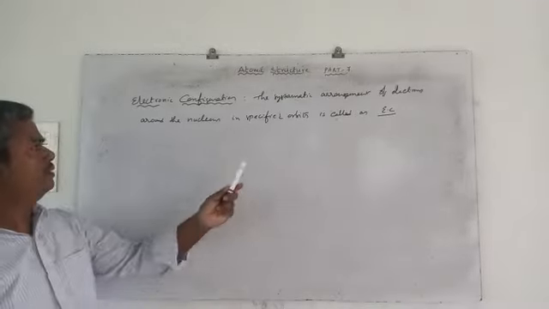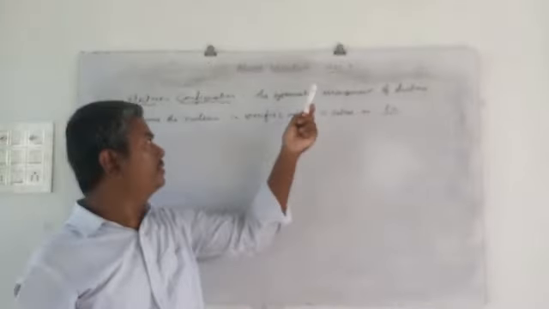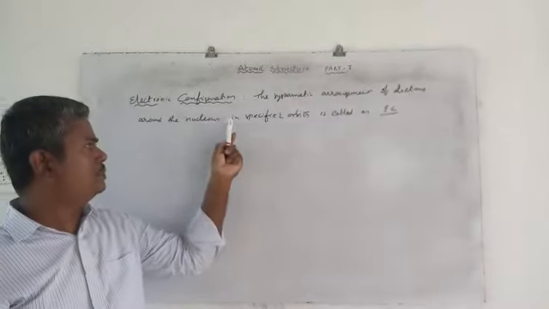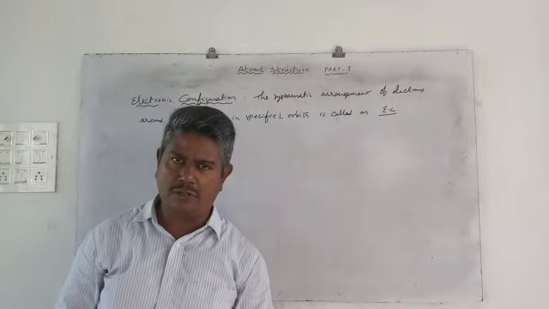Here, the systematic arrangement of electrons around the nucleus in specified orbits is called electronic configuration.